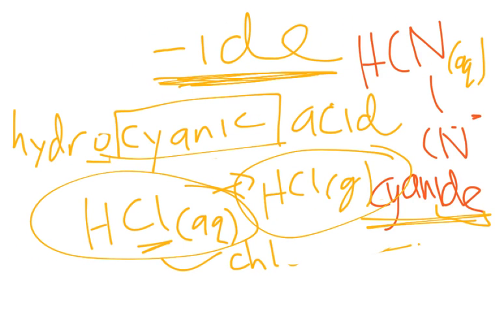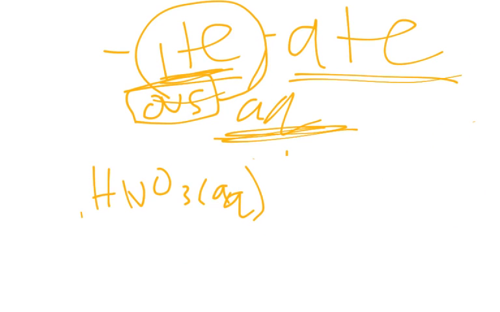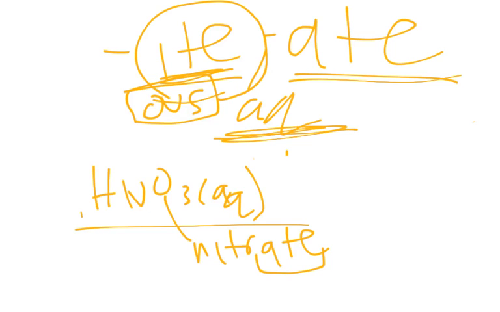So let's go back. Oops, went too far back. I think this is it. HNO3. NO3 is nitrate. So this ate will become an ic when you transform it into an acid. So this will be called blank acid, and the blank will be nitric acid, and that's what HNO3 is called.